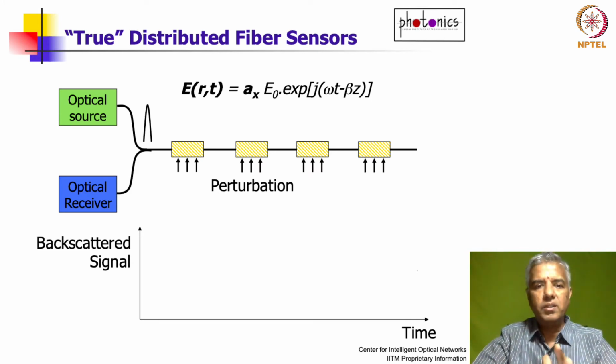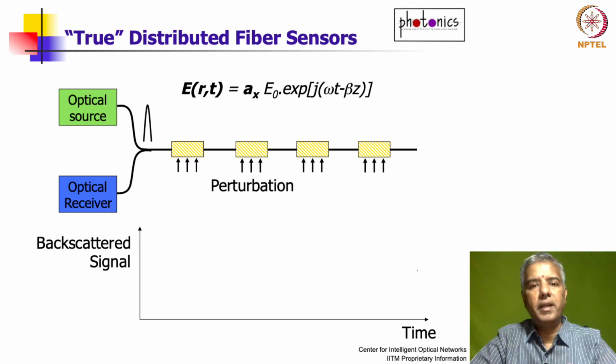So this is what I was talking about. This is like illuminating section by section of the fiber, and then you can look at the backscattered light as a function of time. So what would that give us?